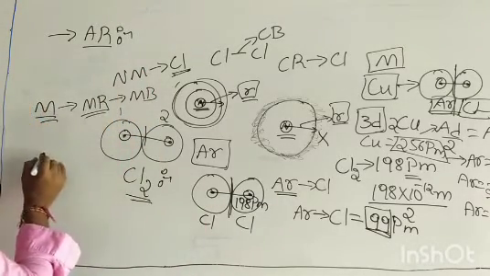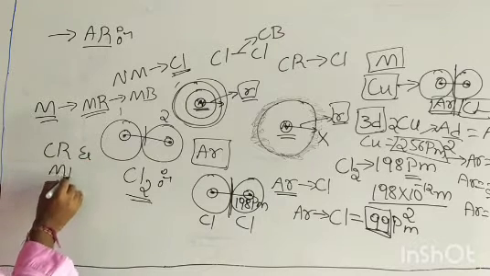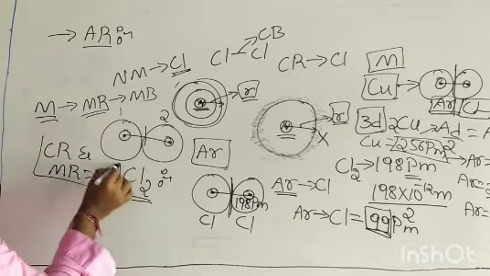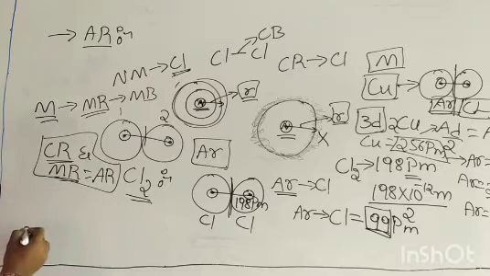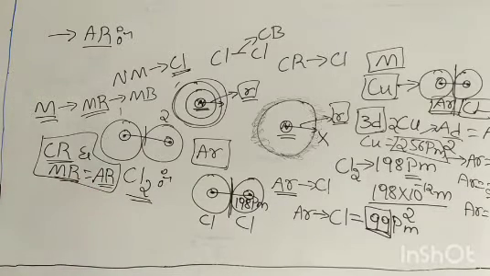we will consider both the covalent radius and your metallic radius as the atomic radius. Okay, your atomic radius means what? Covalent radius, and also your metallic radius, will be included in atomic radius.